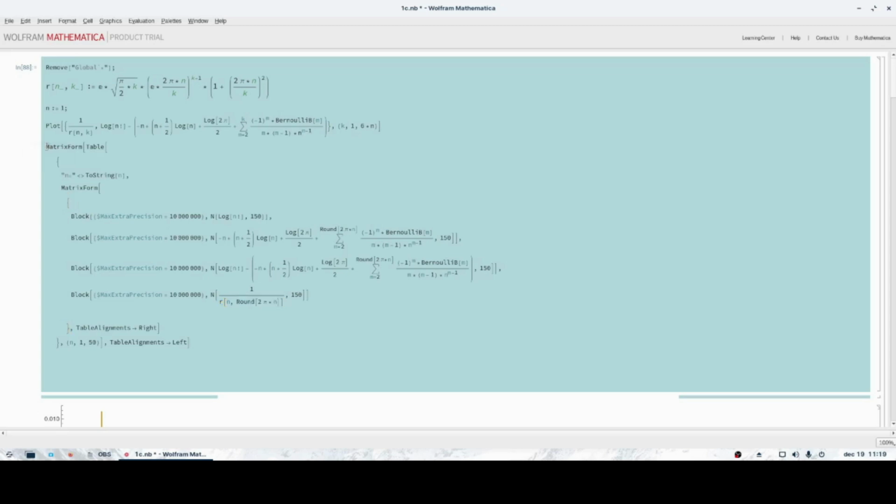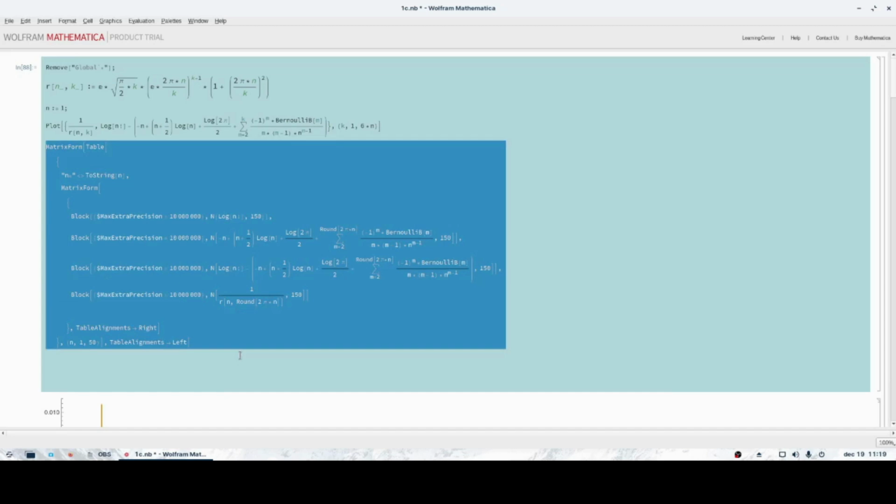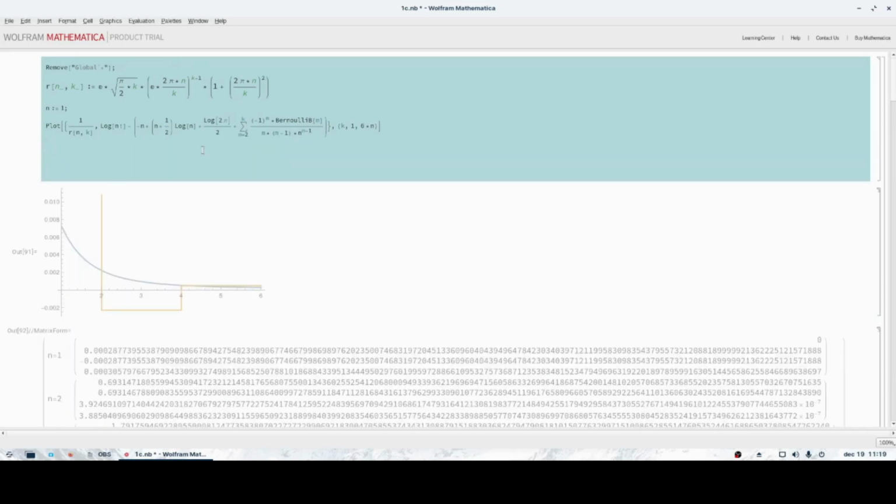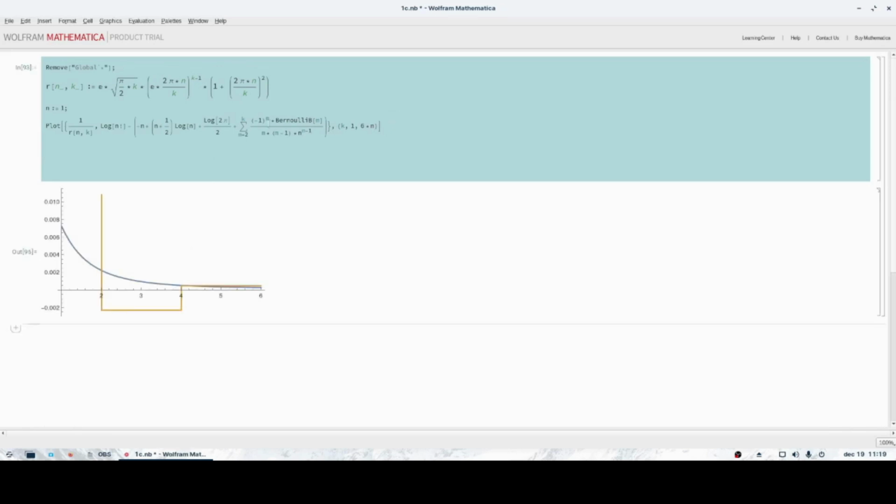So you might ask some questions about this remainder term, but let me show by plotting the graph of the function of the remainder and the original remainder term, how they behave relative to each other.